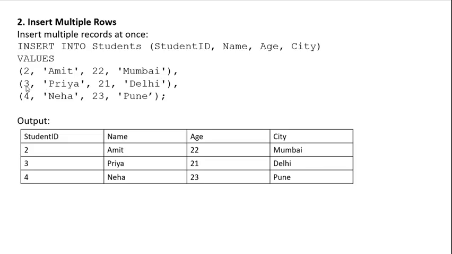After that, another bracket with the next values: student_id is 3, the name is Priya, the age is 21 and the city is Delhi.